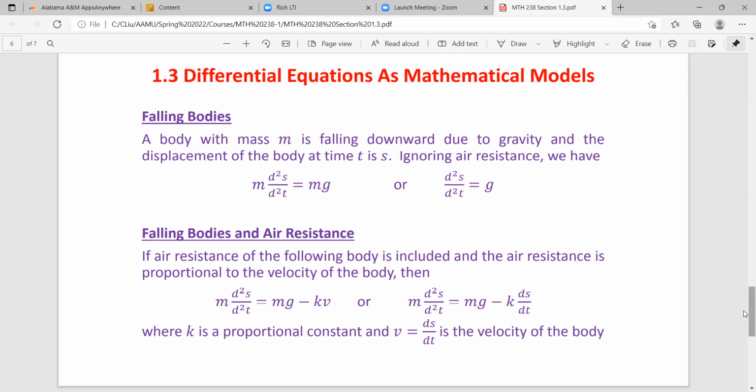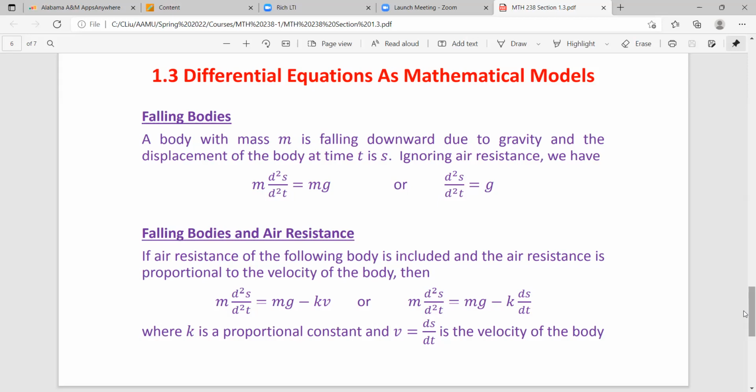Ignoring air resistance, we have the equation from Newton's second law. The mass m times the second derivative of the displacement with time is equal to the gravity force, mg. So if you cancel the mass m on both sides, you get d2s over dt2 equal to g. I'm sorry, it should be dt2, not d2t, okay? The second derivative of displacement with respect to time.